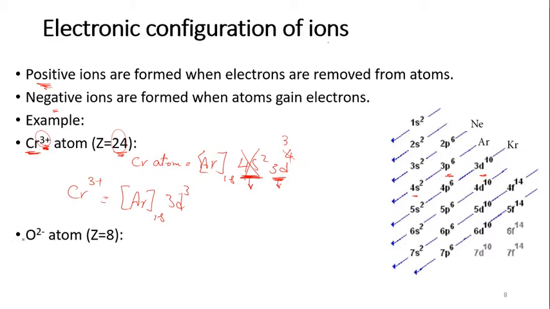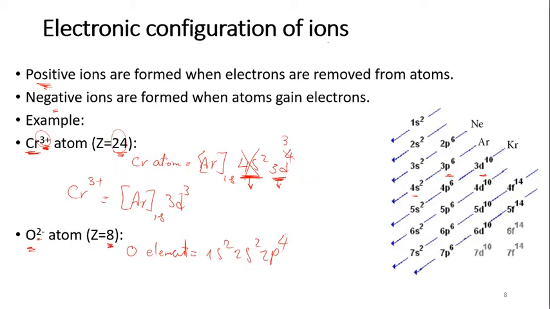Now if I look at a negative ion, in that case oxygen negative ion, I know that oxygen element has 8 electrons. So if I write the electronic configuration for oxygen element, it would be equal to 1s2, 2s2 and 2p4.